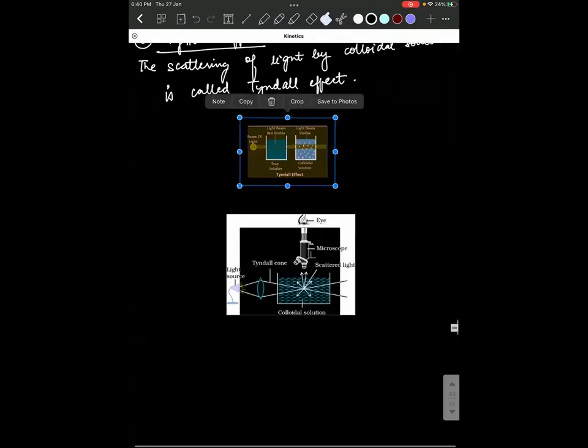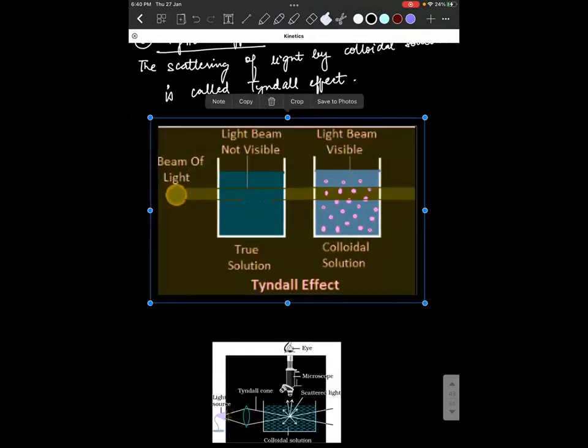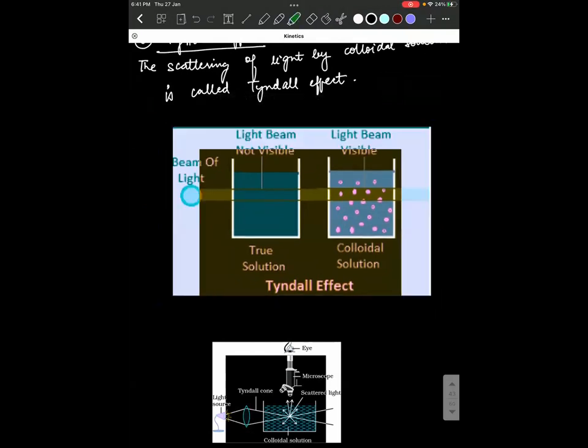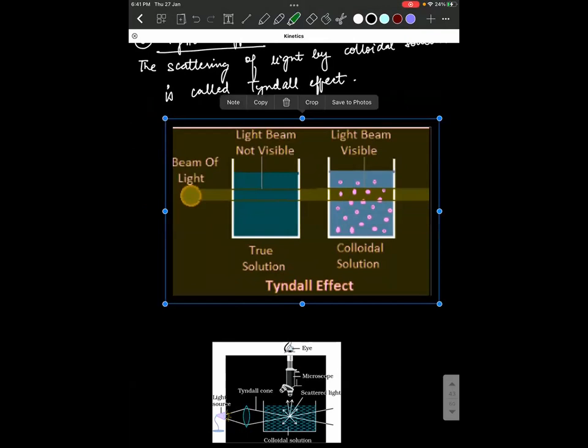First, see this diagram. In this diagram, the light beam is coming and passing through a beaker containing true solution. Okay, then what is happening to this true solution? The light is passing and we are not able to see the true solution particles. Why? Because these solution particles are so small in size that they cannot be seen with a naked eye.